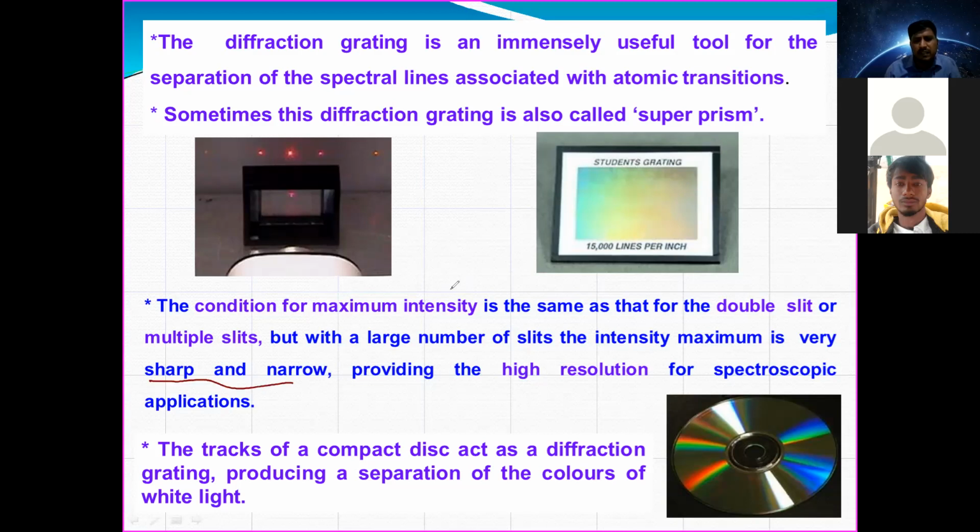These 3 points are important, and we use them in spectroscopic applications. So very important. Another one is the compact disc, to see all the colors. Any doubts from my dear students? Any doubts from this slide?